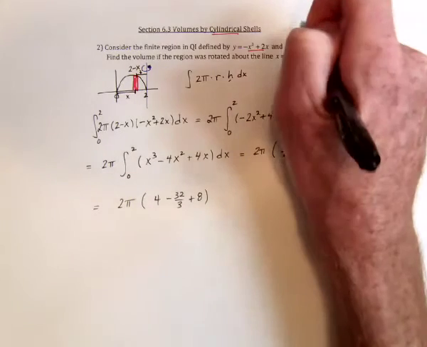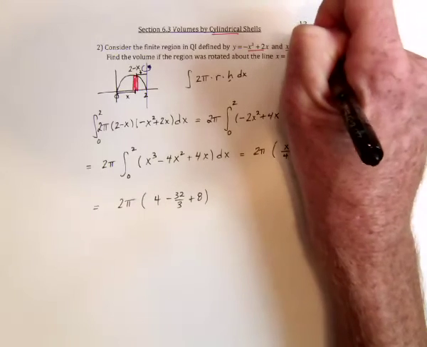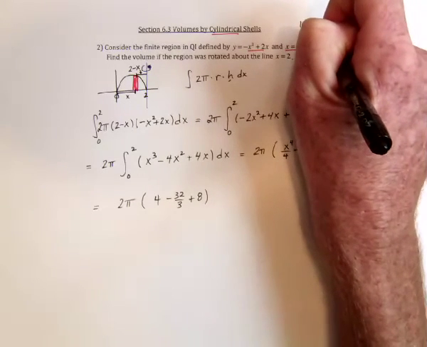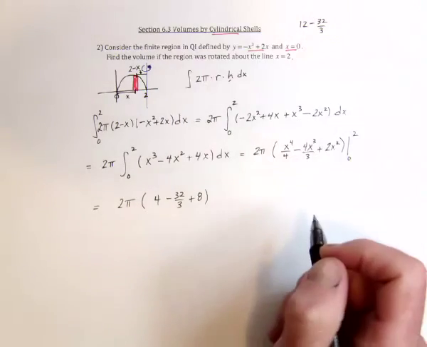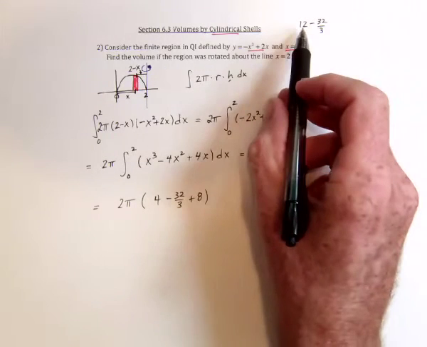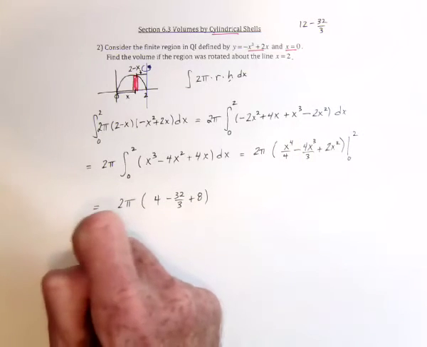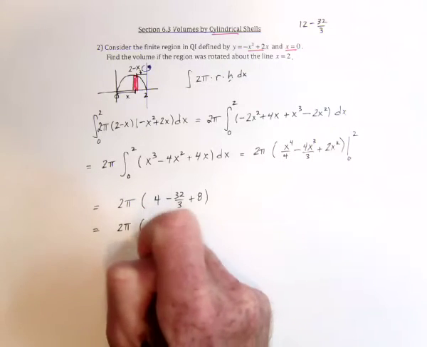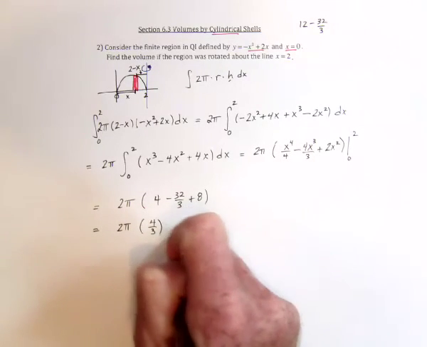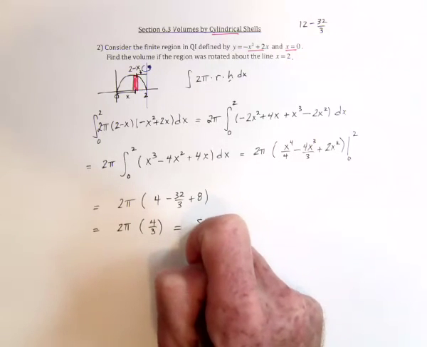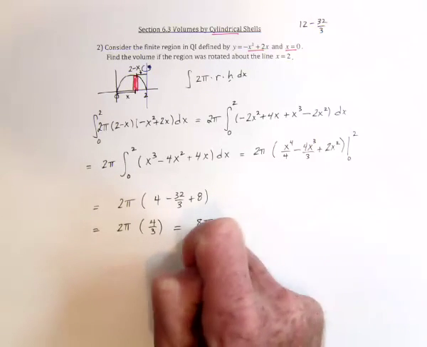So we've got, let me use some scratch paper over here, 12 minus 32 thirds. So that would be 36 minus 32 is 4 thirds, times 2 pi, or 8 pi over 3.